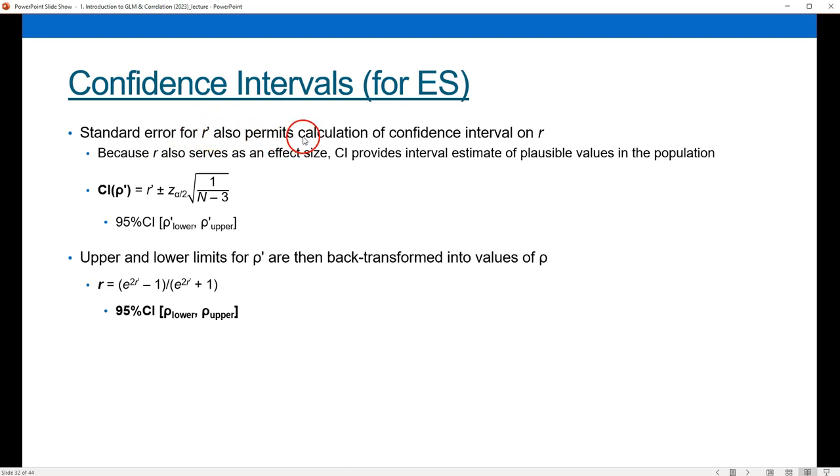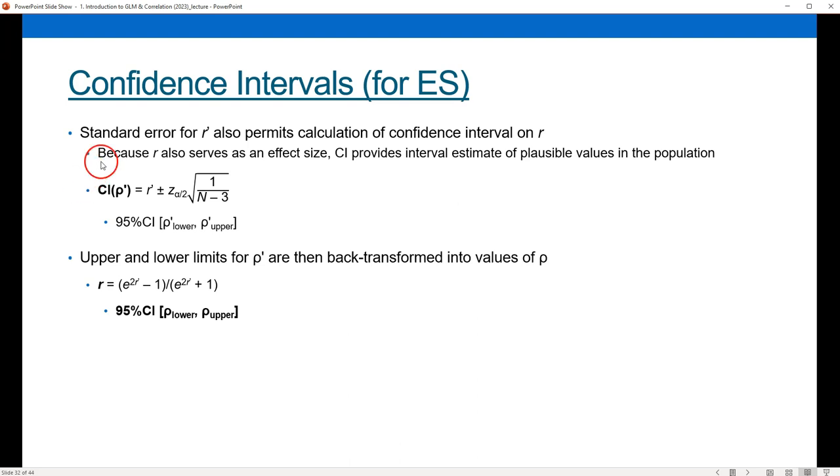This also helps me calculate a confidence interval around my correlation, okay? And because my Pearson correlation also serves as an effect size, what we're essentially doing is calculating a confidence bound around an interval estimate for plausible population values of an effect, okay?